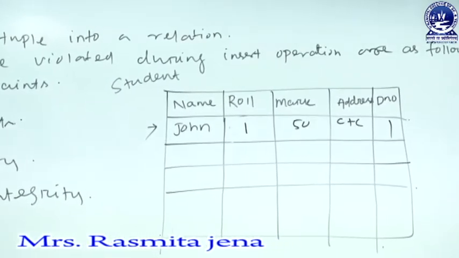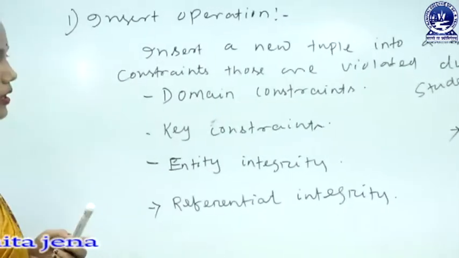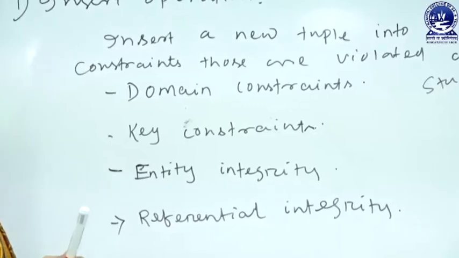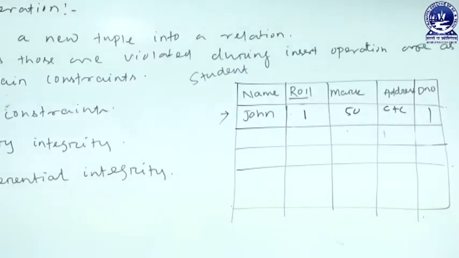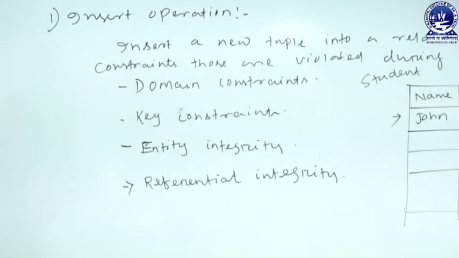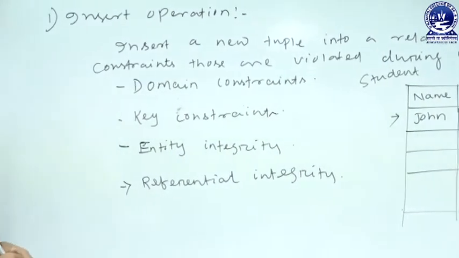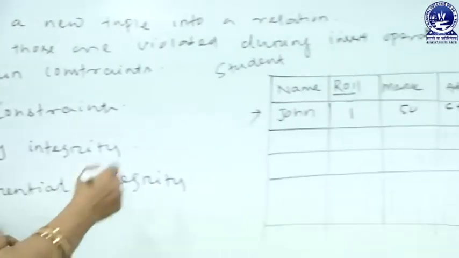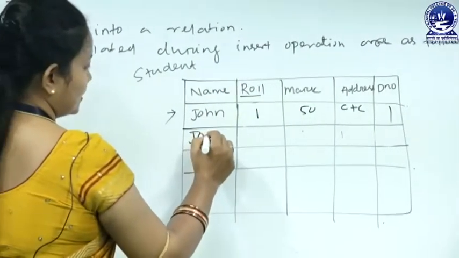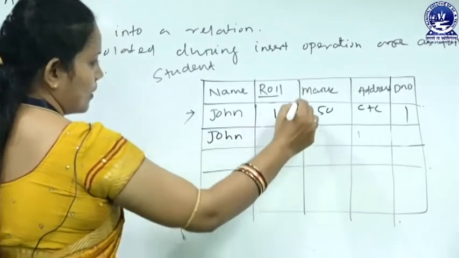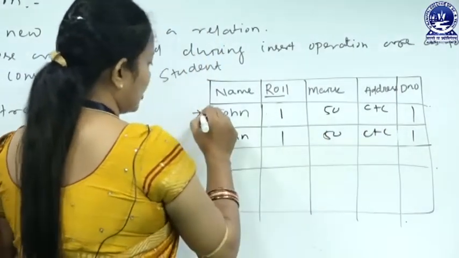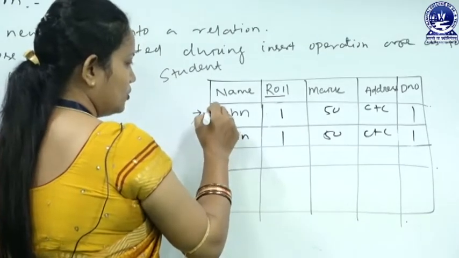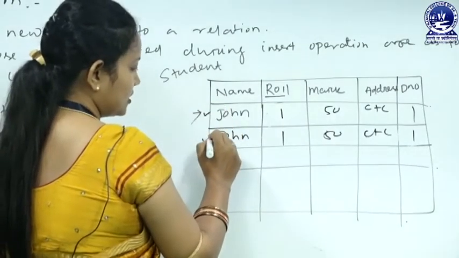Key constraint specifies that no two tuples can have the same combination of values for all their attributes. If I am putting one tuple value, suppose John, roll is 1 and mark is 50, etc., you can see tuple 1 contains those values and these values are also present in tuple 2.